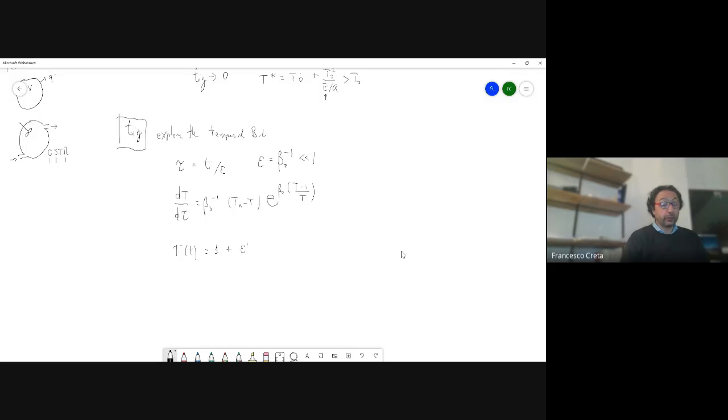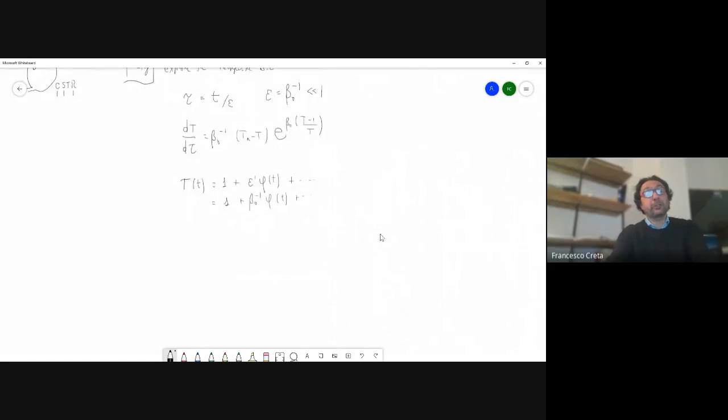So this would be epsilon to the 1, and phi will be the perturbation with respect to the initial condition. And we stop here. So this is a so-called regular perturbation. So this is beta to the -1 times phi. And why are we interested in this? Because we can now rewrite our ordinary differential equation in terms of phi. So we want an equation of evolution for the perturbation, essentially.